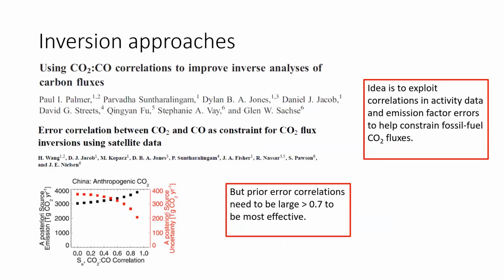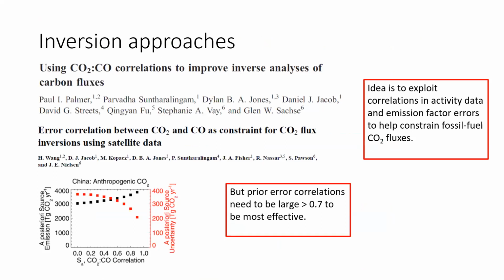So in terms of actually how we estimate these CO2 emissions, there's a few approaches that have been used, and one of them is to try and exploit the correlations in errors between CO2 and CO. This was an approach first used by Paul, a while ago now, maybe about 15 years ago, using data from East Asia.